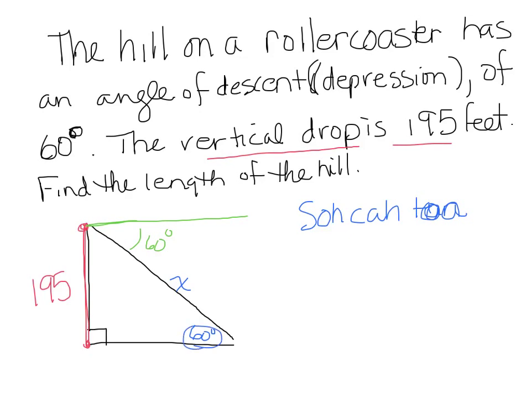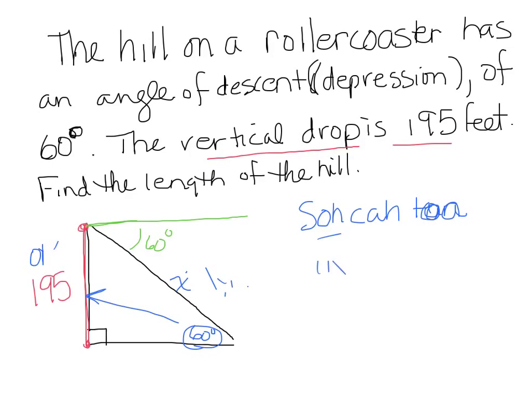So here's my angle. When I look at 195, that is opposite. When I look at x, x is hypotenuse. So looking at this, I know I have an angle, an opposite, and a hypotenuse. So that's really lending itself to a sine function. So I'm going to use SO of the SOHCAHTOA.